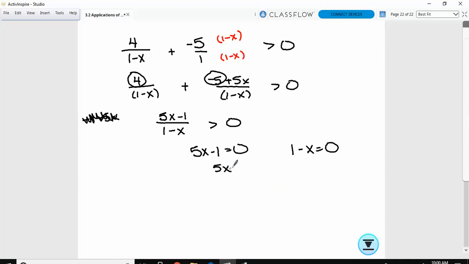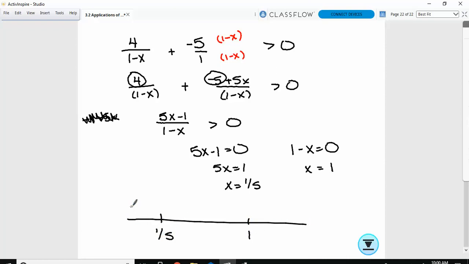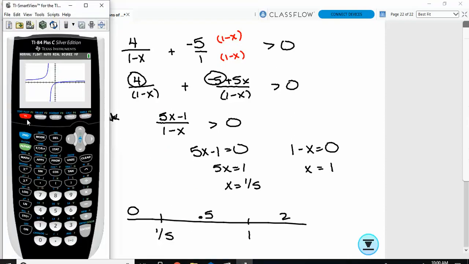So if we solve, add over a 1, divide, so x is 1/5, positive 1. So you can plug in numbers. Between 1/5 and 1, you might have to do like a decimal, and that's fine if you want to plug those in.